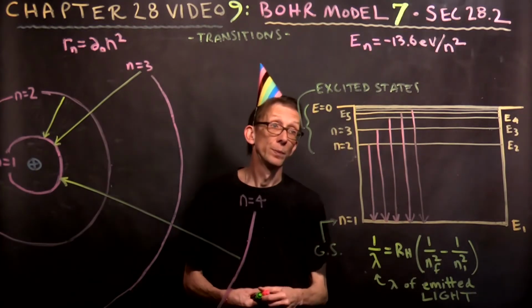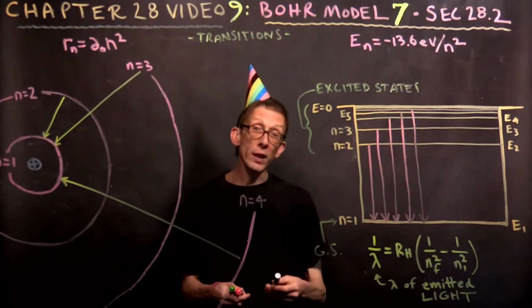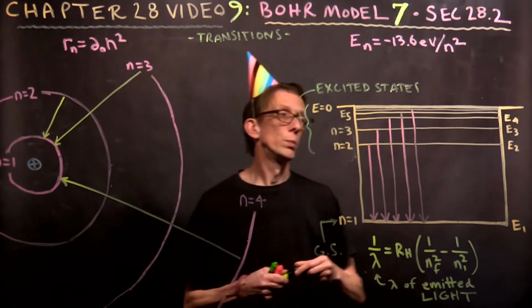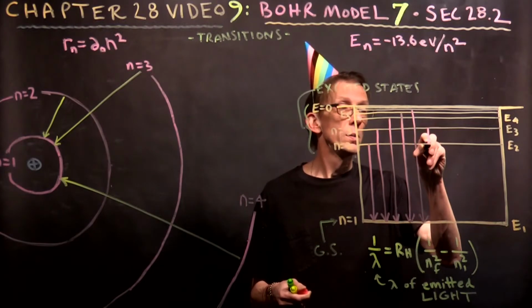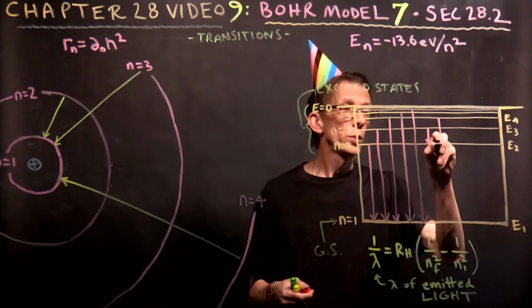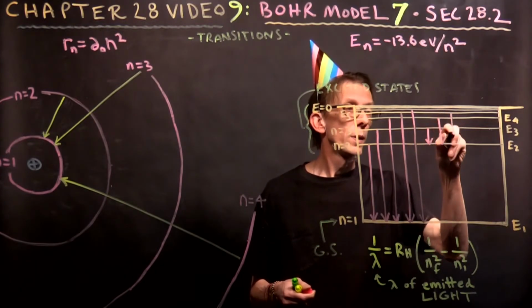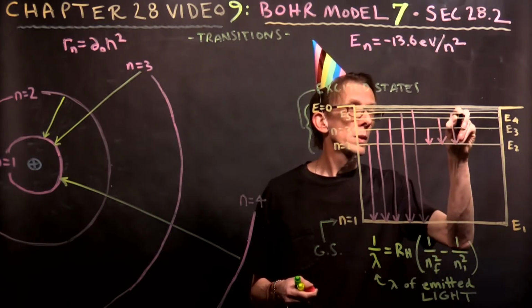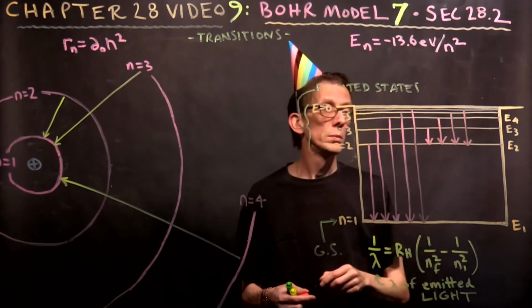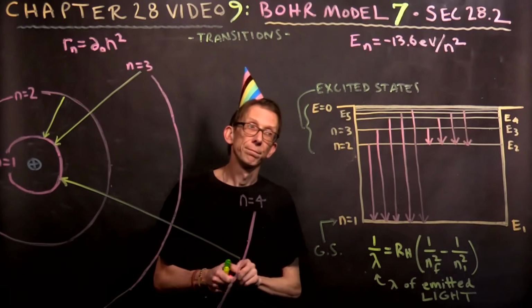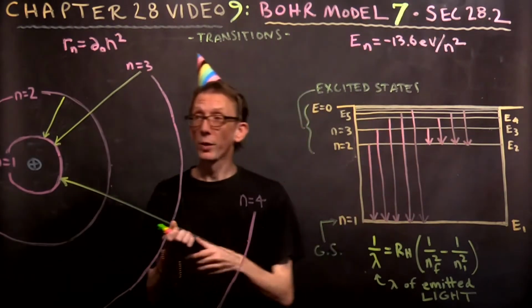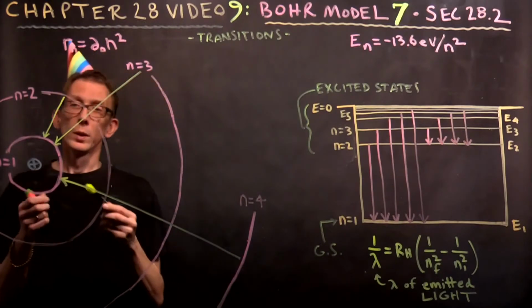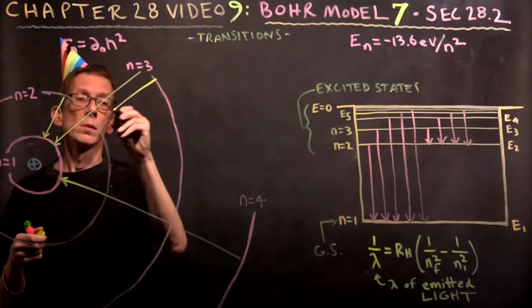We could also have transitions that end in 2. We could have them go from 3 to 2, 4 to 2, 5 to 2, 6 to 2, like that. So our 3 to 2 would be this one right here.